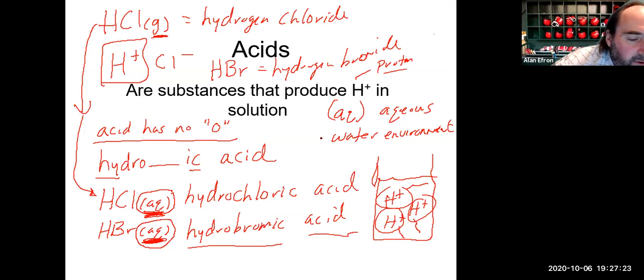So it's important when you write the formula for acids that you usually do include the aqueous symbol next to it. Again, it indicates that we are dealing with an acid and not something that's a gas or something like that. So no oxygen in your acid, starts with hydro, ends with ic, and acid, again, make sure you include the aqueous symbol with it.